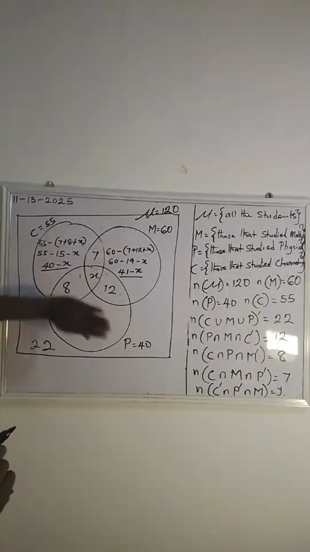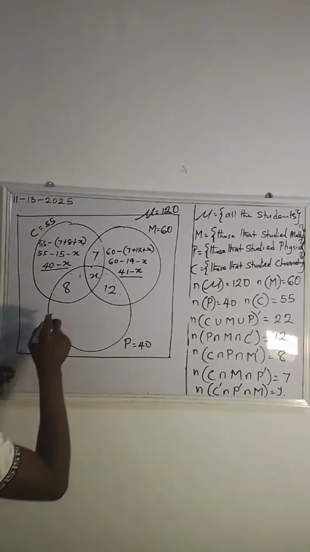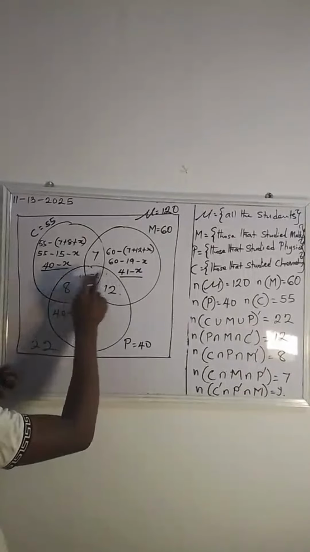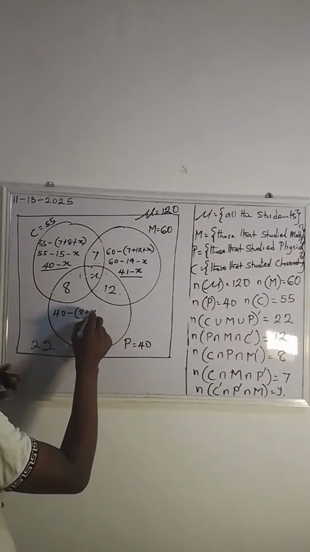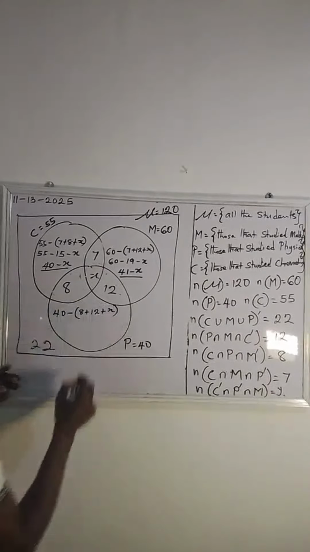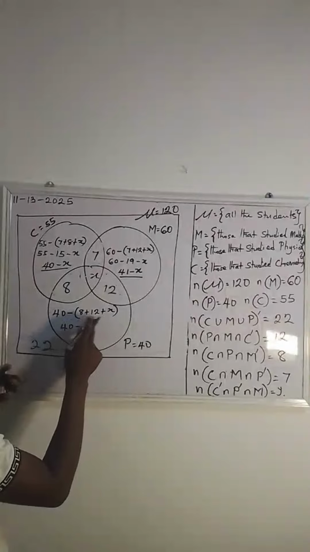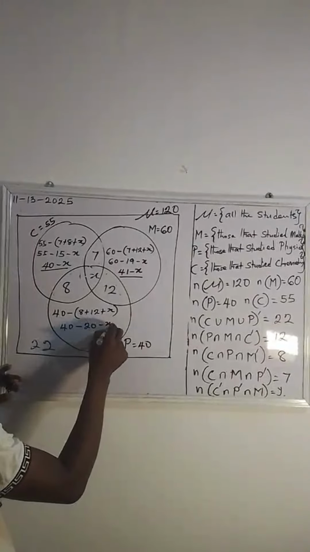Now the next thing is to get the number of those that study physics only. We have 40 minus, and let's take away all of these: 8 plus 12 plus x. When you add this together, that gives 40 minus 20 minus x.